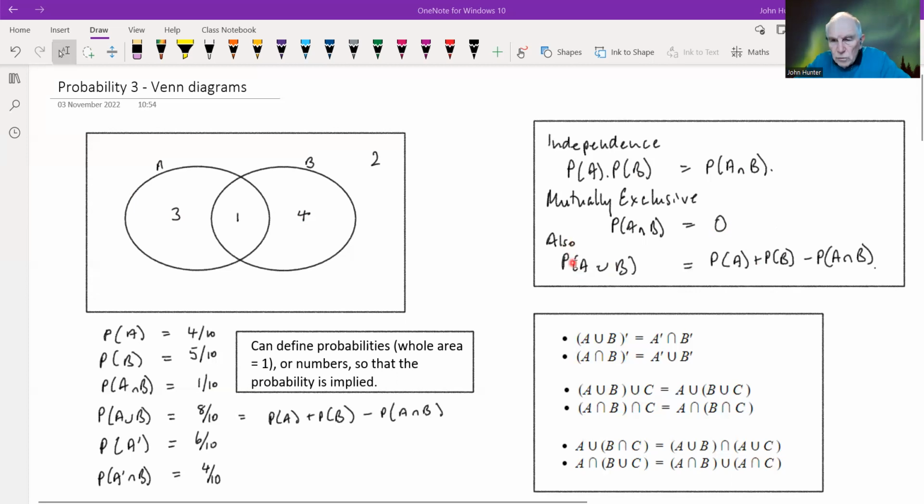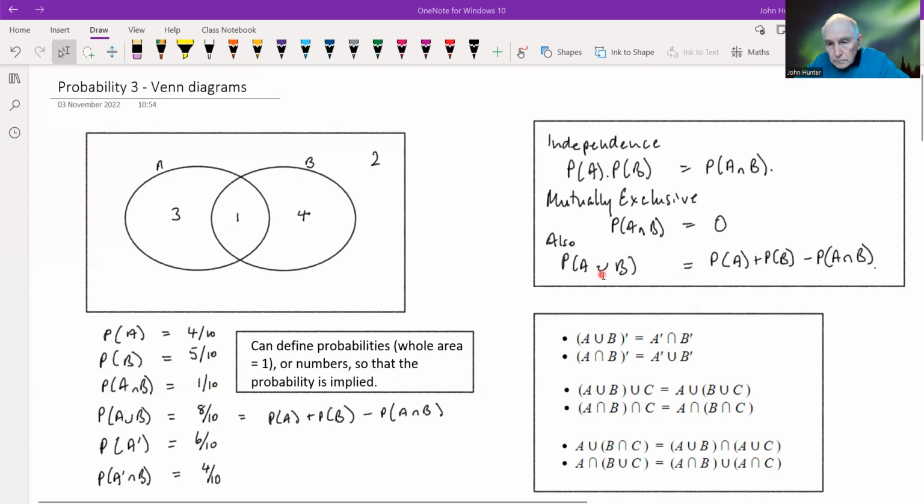Okay, the other rule that comes up and we need to use is the probability of the union. Just going back to this one here. Notice we could get this if we add the probability of A, which should be 4/10, and the probability of B, which should be 5/10, but we would have double counted this middle bit, the intersection.